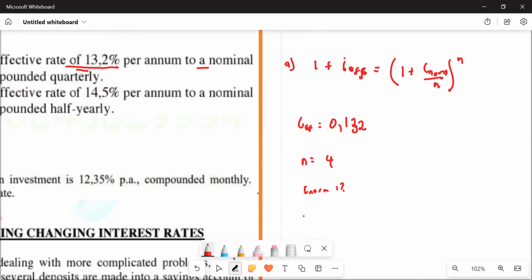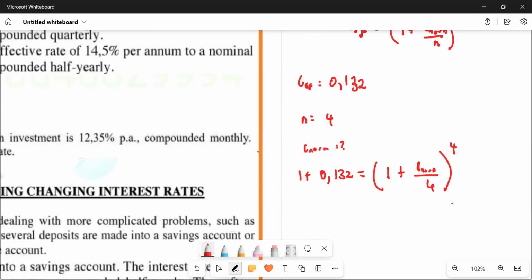So we're going to have 1 plus 0.1321, which is going to be equal to (1 plus i nominal over 4) to the power of 4, like this. Okay, and then if we continue with this, what do we get? We can add these two.